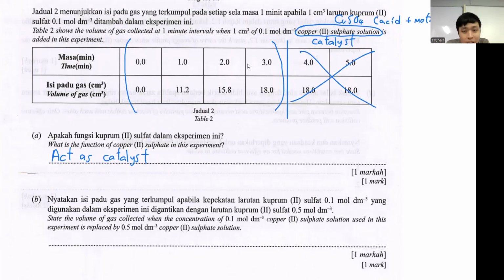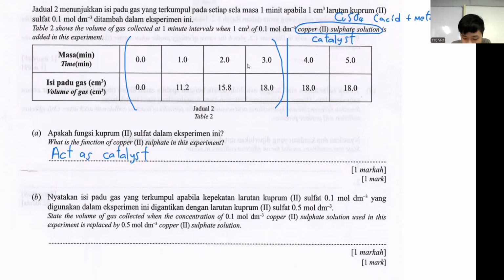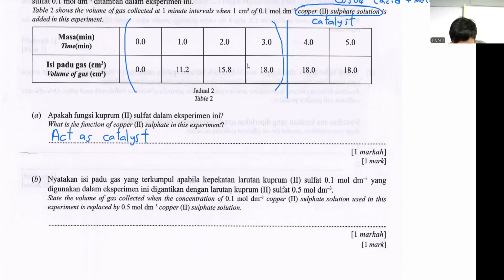Unless there's a draw graph, then different. If there's a draw graph, then you have to include. So in this case, if I increase the concentration from 0.1 mole per dm cube to 0.5 mole per dm cube of copper 2 sulfate, it means increasing the concentration of a catalyst. Do you think it will increase the volume of gas collected?